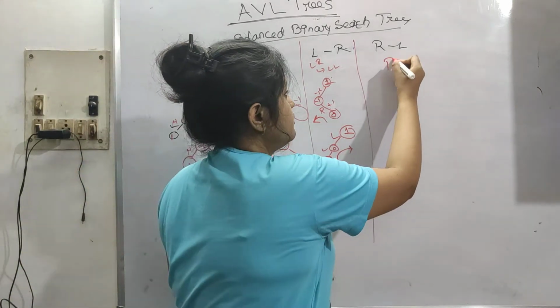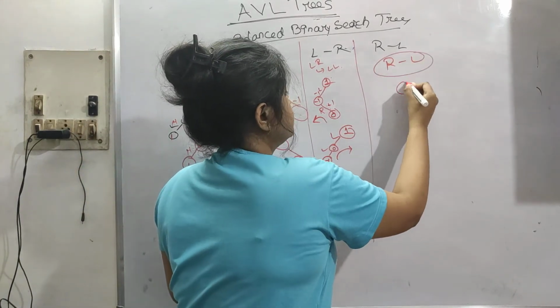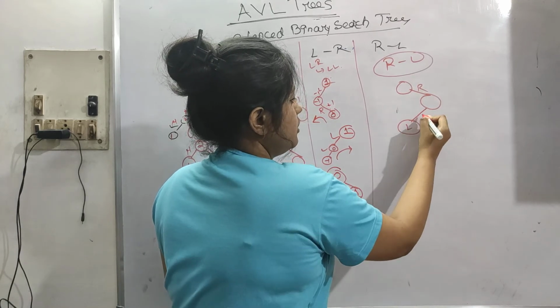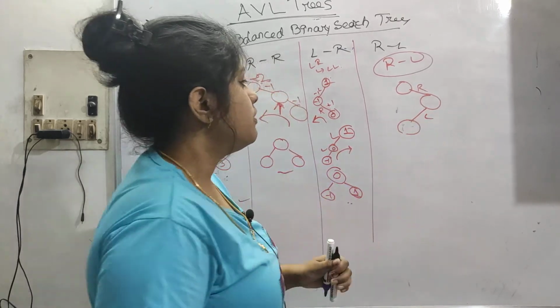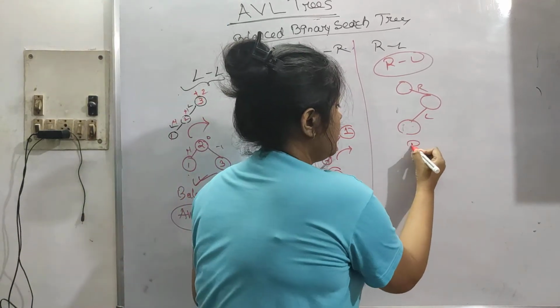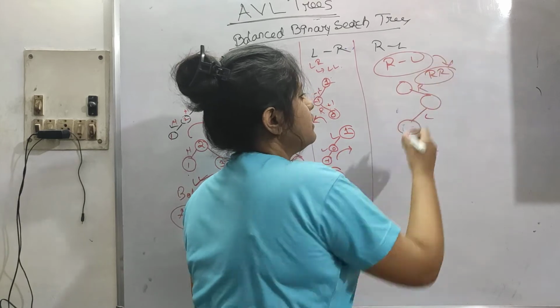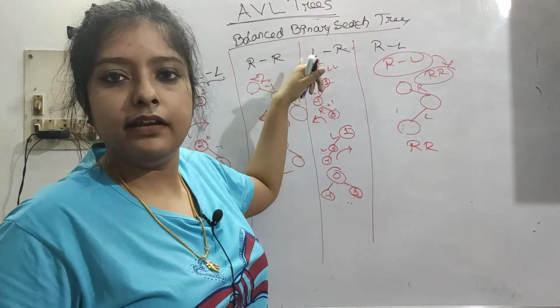Now RL, right, then left. Here you have to make it RR. So RL to RR. Remember, from RL to RR, LR to LL.